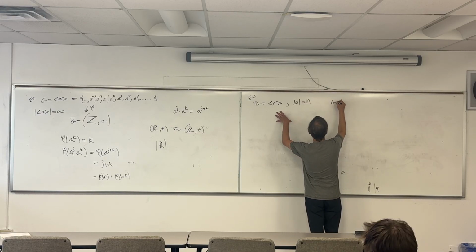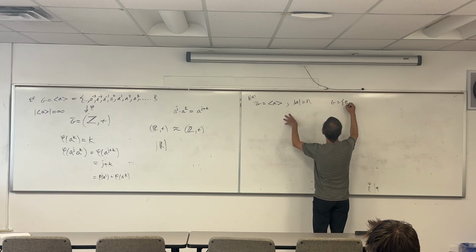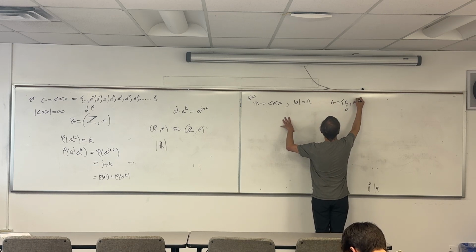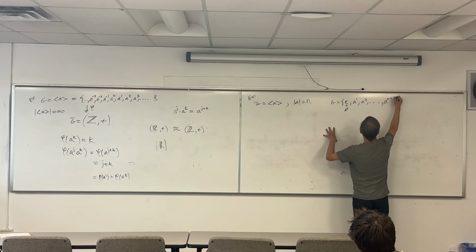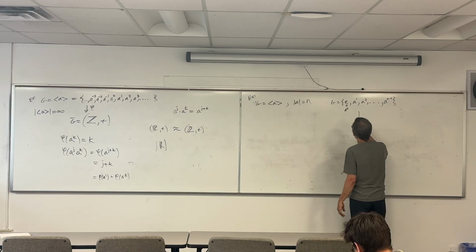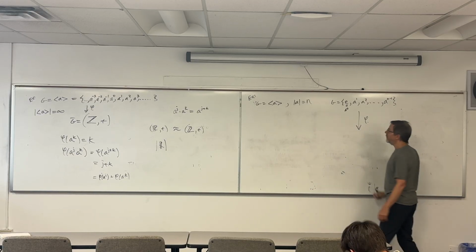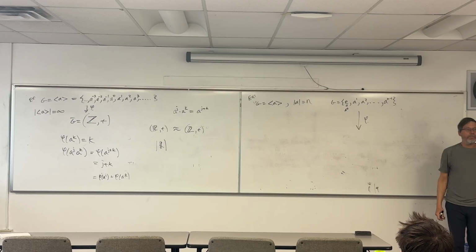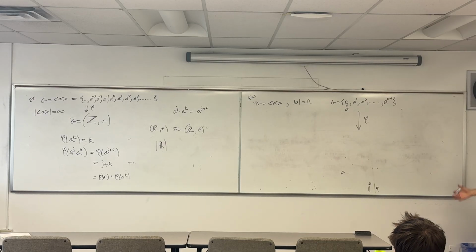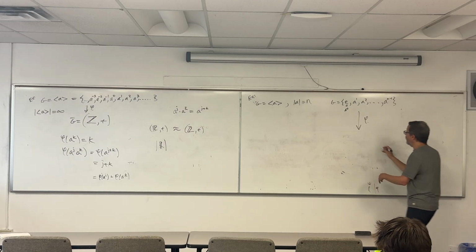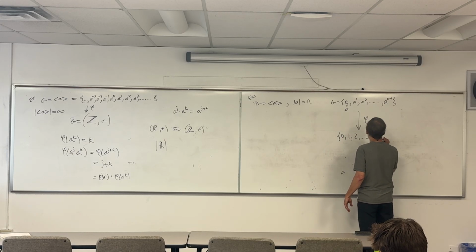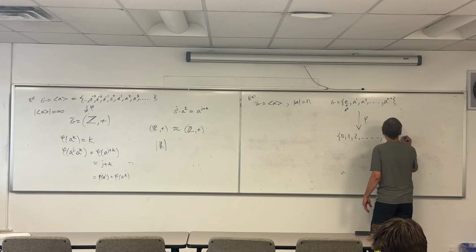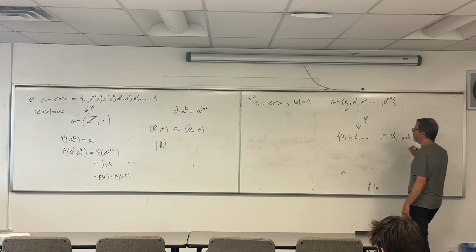So what does this look like? G looks like this. It's e, which is A^0, A^1, A squared, on up to A^(n-1). What should I map that to? Z mod n. Yes, the integers 0, 1, 2, on up to n minus 1, modulo n.